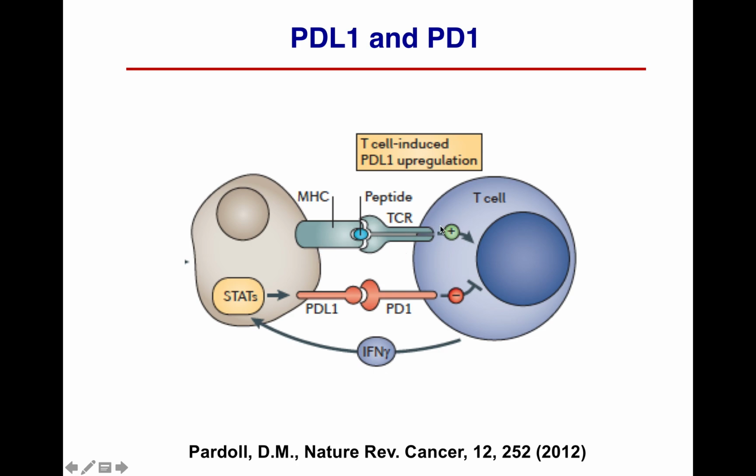It's just been stripped down to make it simpler. So this whole interaction leads to a stimulatory interaction, whereas PD-L1 and PD-1 lead to negative feedback on the T cells. So the idea is, could you not just have antibodies that bind to PD-1, but also to PD-L1, which is on the tumor?